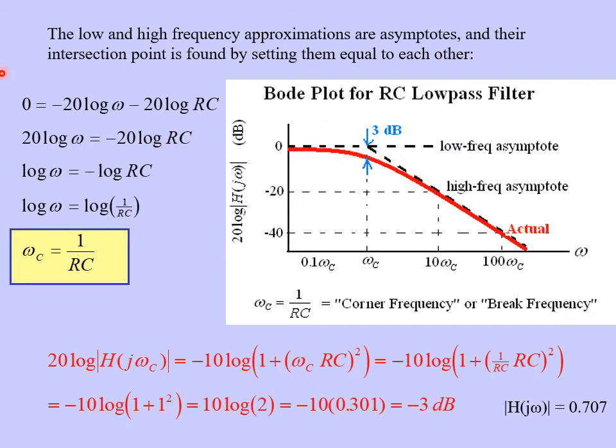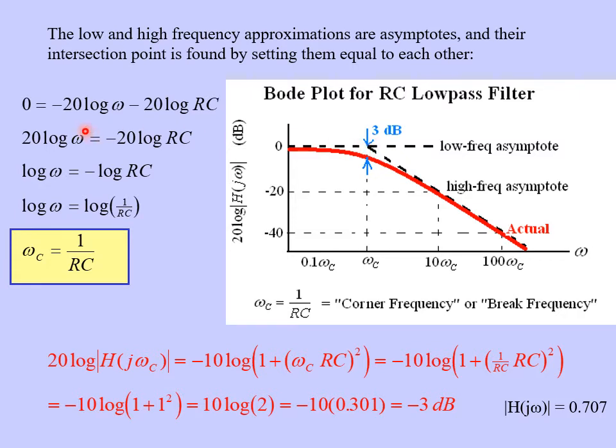What I've done here is set the low frequency asymptote, which is 0 on the left side, equal to the high frequency asymptote, which you'll remember is this function, negative 20 log omega minus 20 log RC, on the right. We set them equal so we can solve for this intersection point.